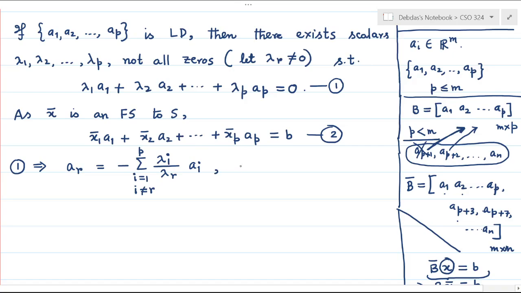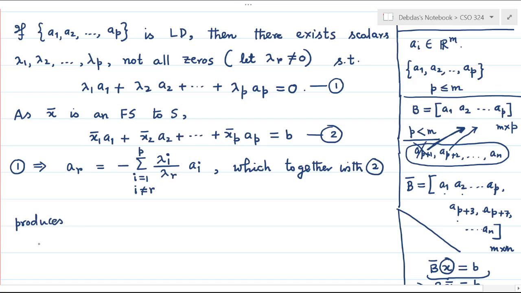This is your ar, which together with 2 produces the following. Instead of ar here, I am just considering writing ar in terms of the rest of the ai's.